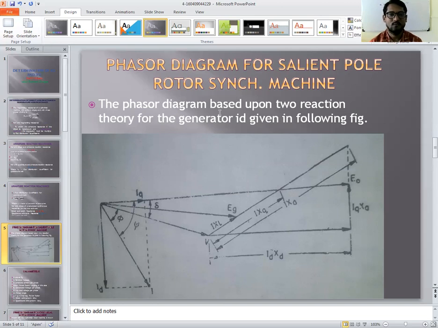Now we have to explain the determination of XD and XQ. The three-phase current taken by an alternator from a three-phase supply generates a rotating flux. Thus, the armature MMF wave is rotating at synchronous speed.